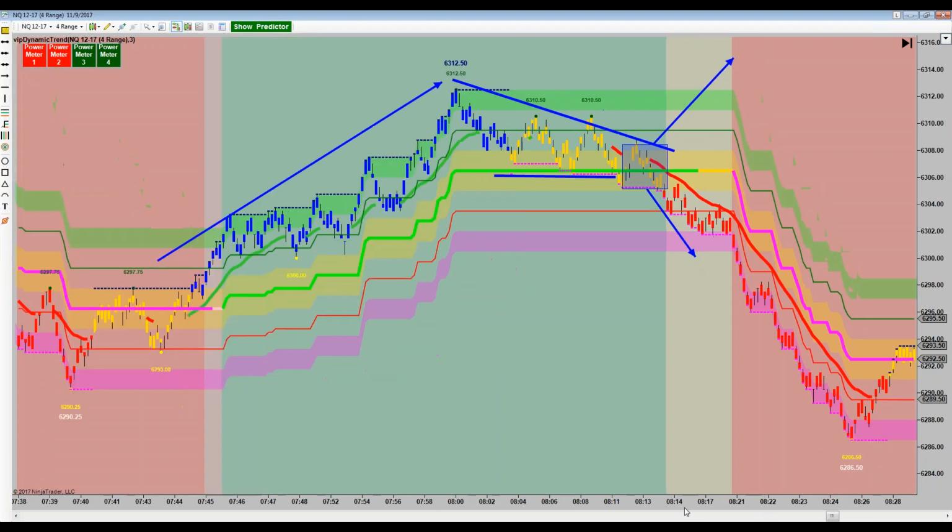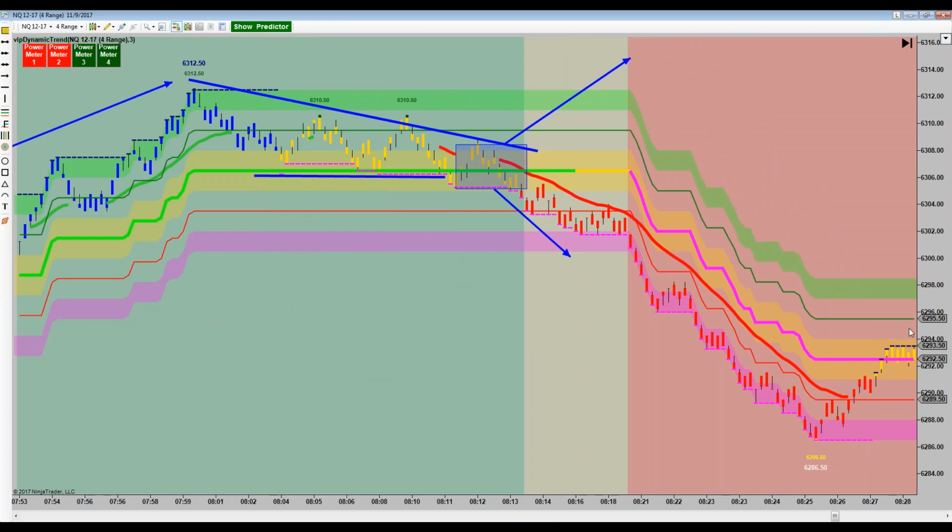Let me blow it up. We're looking right here. Are we looking for longs, shorts, or sideways, meaning we're in a range and we'll trade the range? L, S, or sideways? You just type it in.